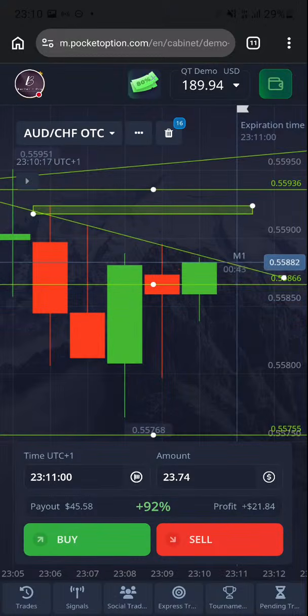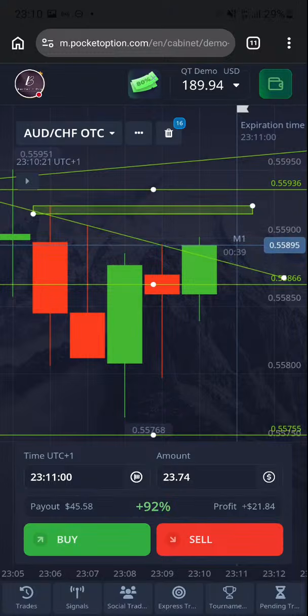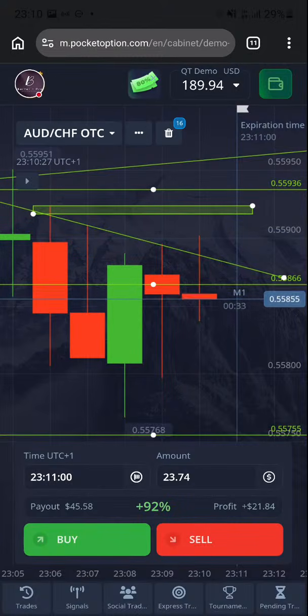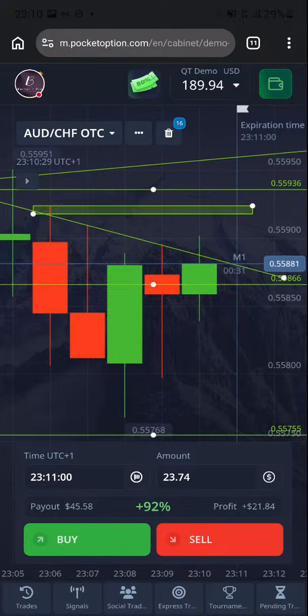But let's just be patient. We have to just be patient and wait. Normally, I would have taken the trade right there. You understand? But the best entry is right above there. Okay. The best entry is right above in that entry. So I'll be patient enough to just wait.